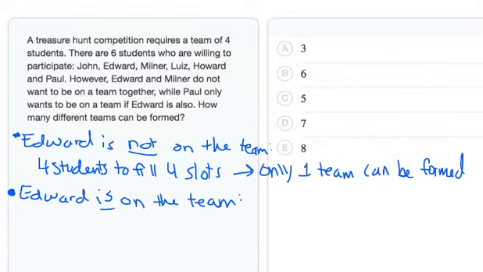If Edward participates, then Milner will not. So Edward is one person on the team, leaving 3 of the remaining 4 people to compete on the team.